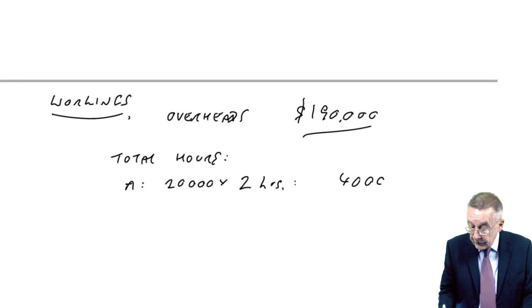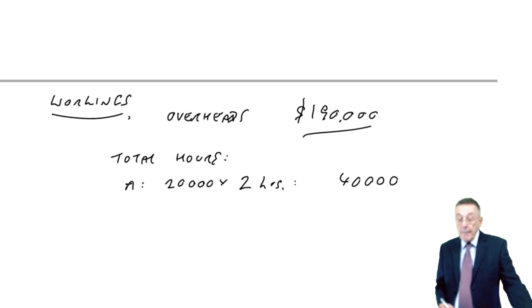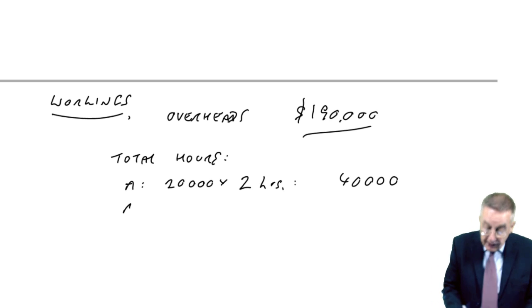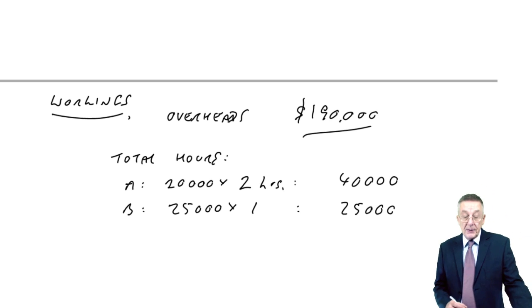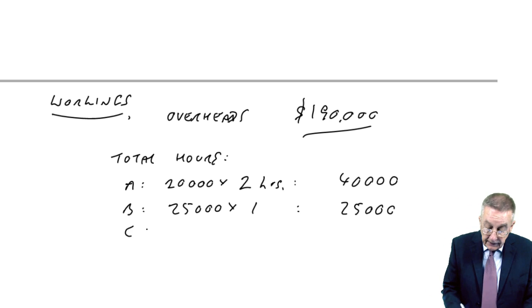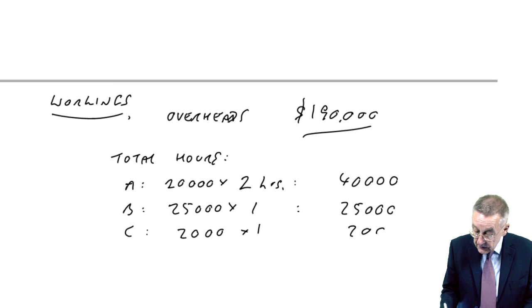And so a total of 40,000 hours making A. In a similar way, B, we're making 25,000 units. Each one takes 1 hour. So 25,000 hours. And finally, C, 2,000 units at 1 hour, 2,000.